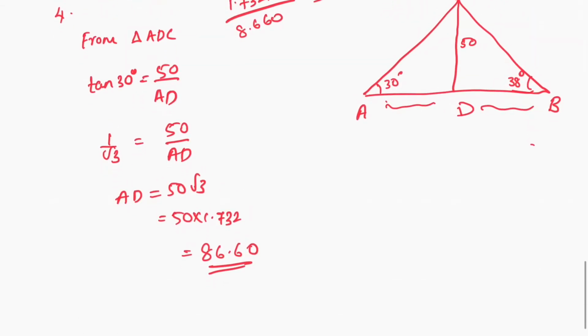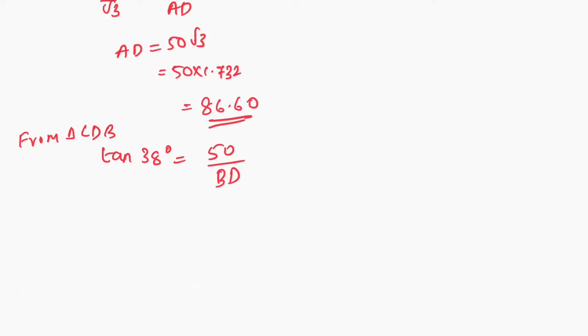Now similarly you need to find the other side. What is that? From the next triangle, triangle CDB, tan 38 is equal to again 50 by BD, correct? So what's the value of tan 38 here? Just find out the value of tan 38.